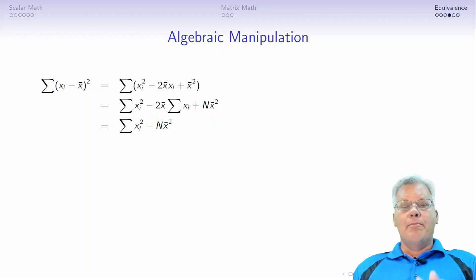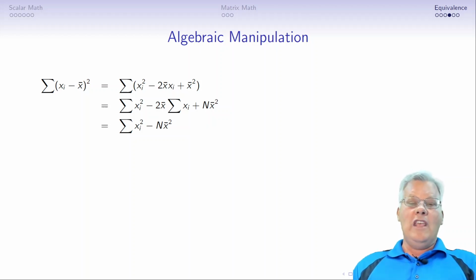Now, if I break the parentheses and apply the summation to each term individually, I get the second line, right? So I'm summing the individual xi squared. And then because both 2 and x bar don't have a subscript i in them, they can be moved to the left-hand side of the summation notation.